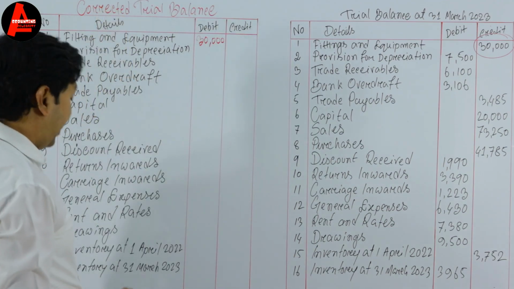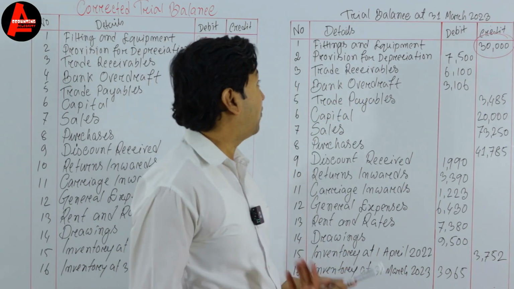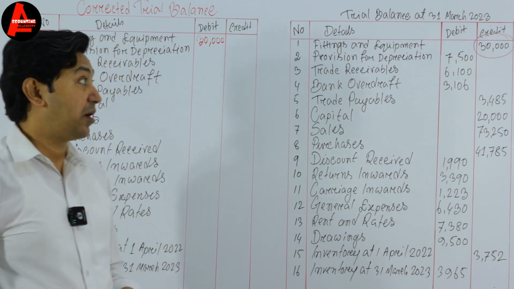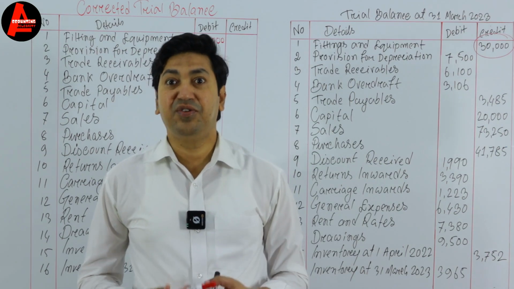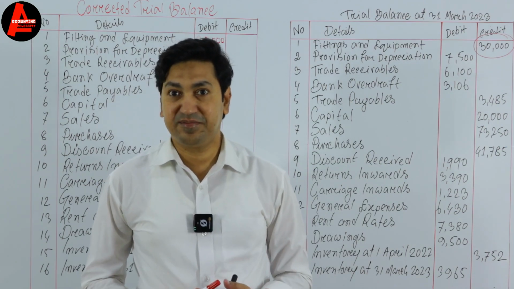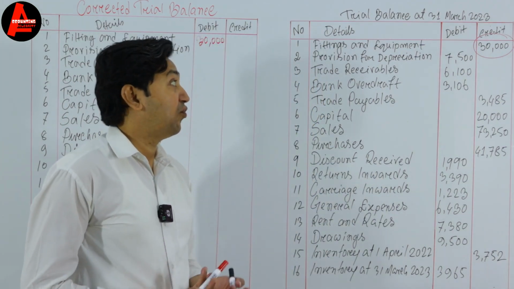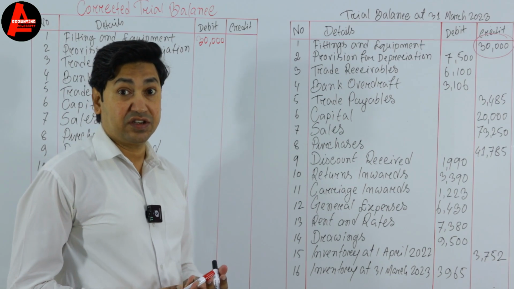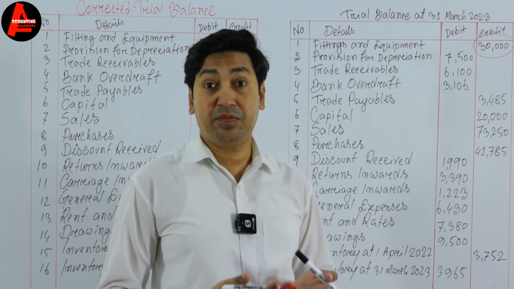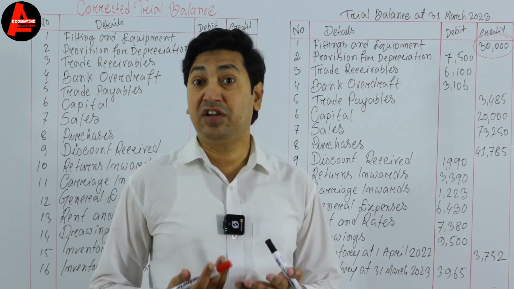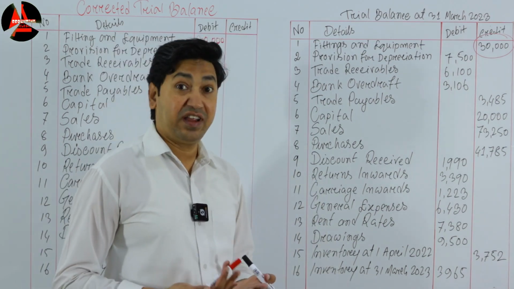Okay, great. Then number 2, we see in the question, provision for depreciation of fittings and equipment. It is $7,500 on the debit side. Now, is this correct? No, not at all. So this will be credited. What is a provision for depreciation? It is a provision created to record the value of depreciation of a non-current asset separately. So this is a credit account.